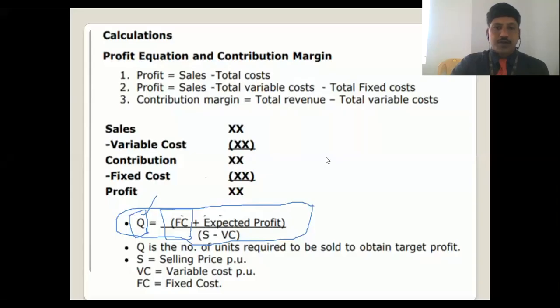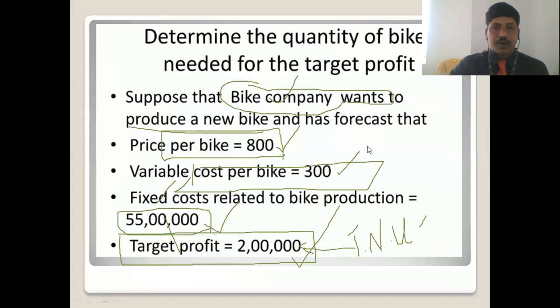Once again, we will see the values, what was given. Yes, sales price is 800, variable cost was given as 300.